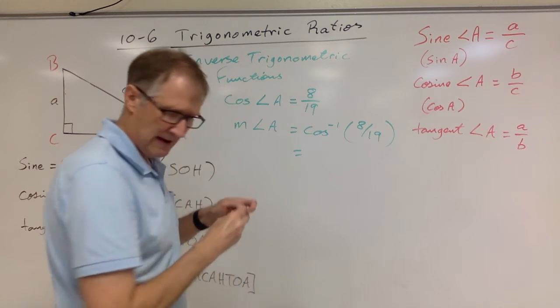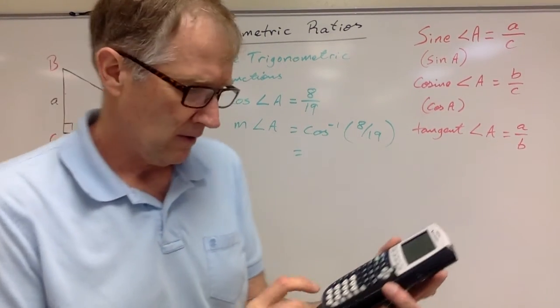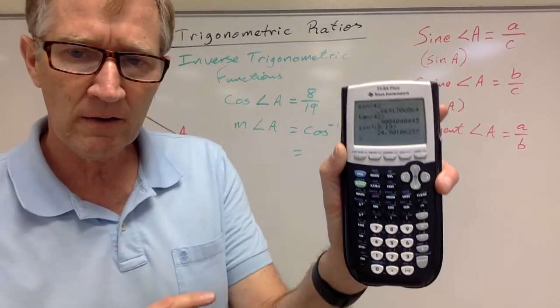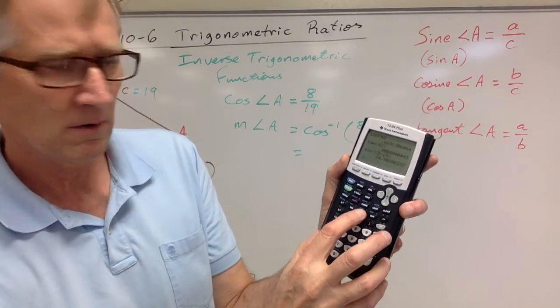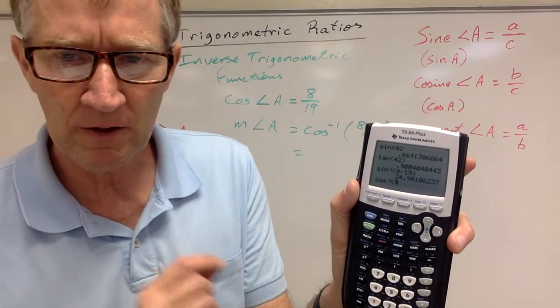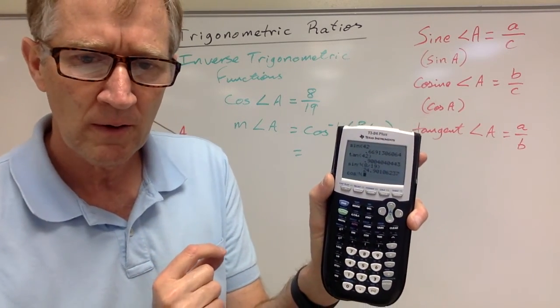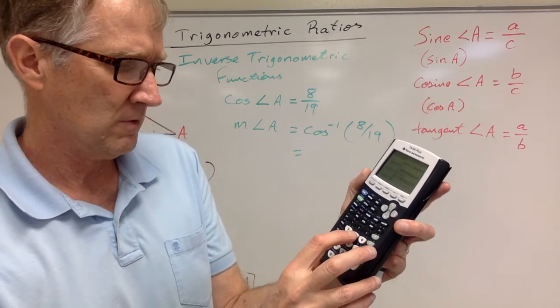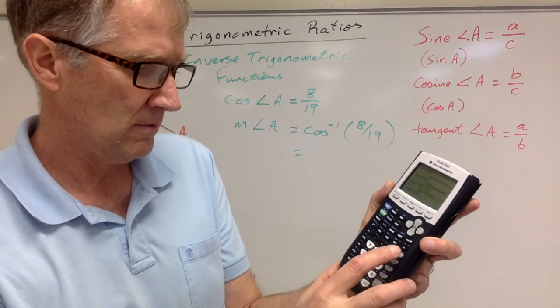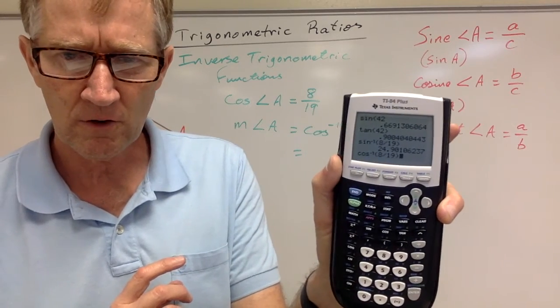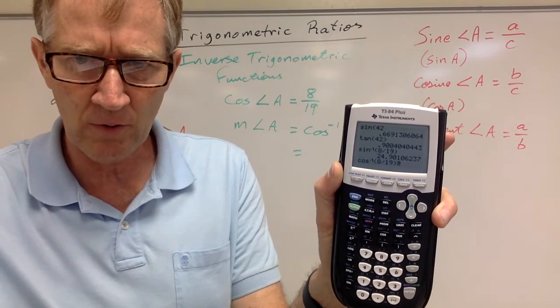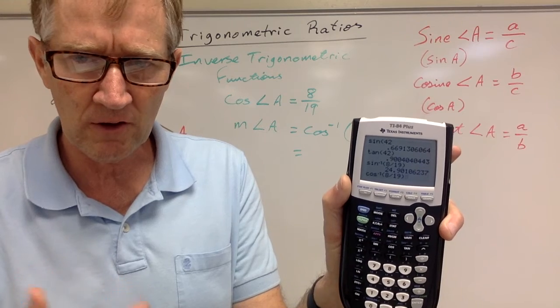So let's figure that out. I'm going to go on the calculator, second function, cosine, be sure that you're in degree mode. Use my parentheses, 8 divided by 19. So see the cosine and then to the -1, parentheses, that's just the inverse function.